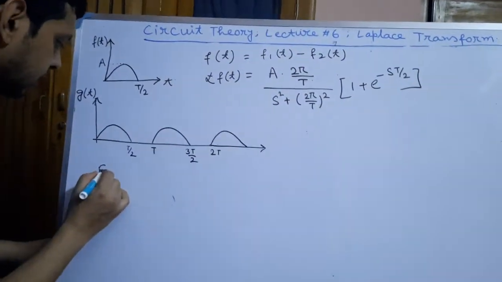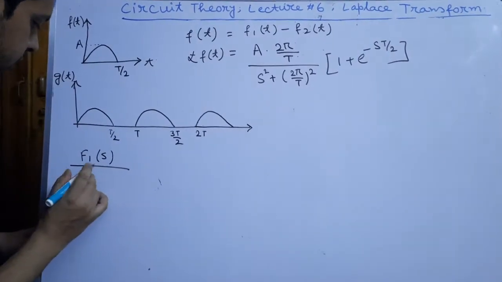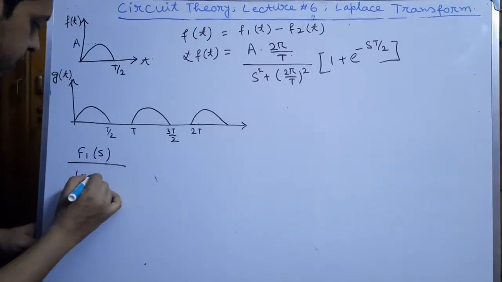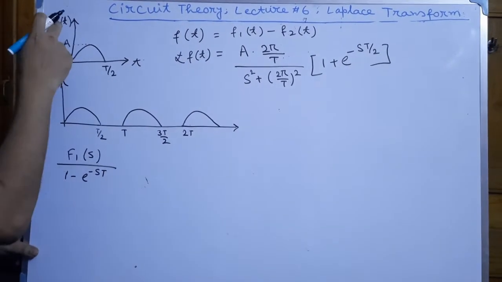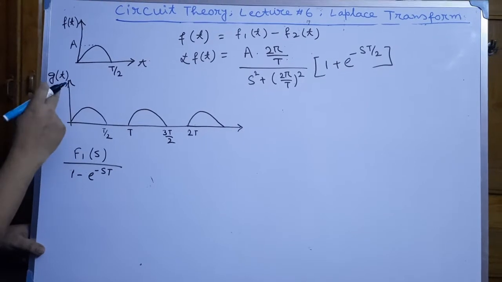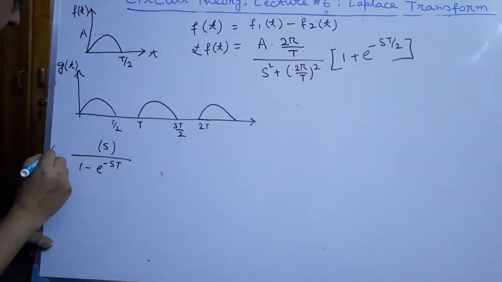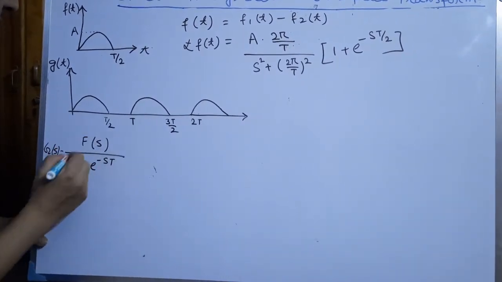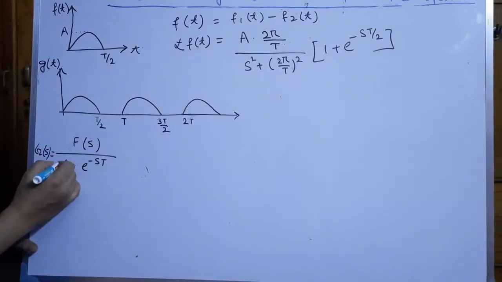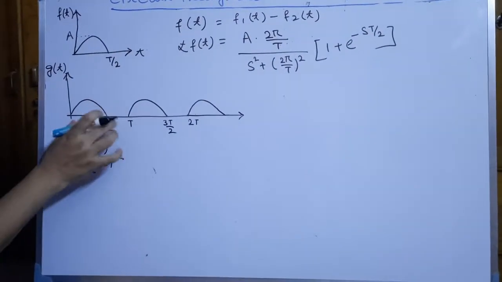We all know that the Laplace transform of a periodic function is F1(s) / (1 − e^(−sT)). If this is f1(t), then the Laplace transform of g(t) equals F(s) / (1 − e^(−sT)), where T is the time period.